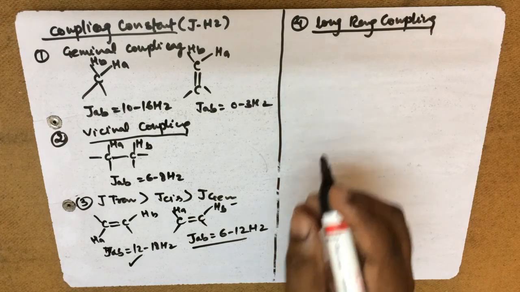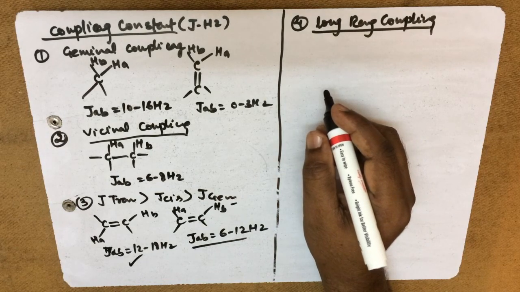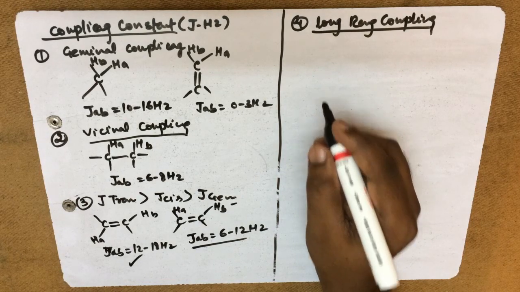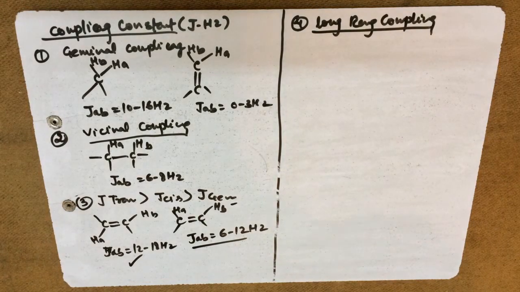So long range coupling is when 2 protons are separated by more than 3 bonds.